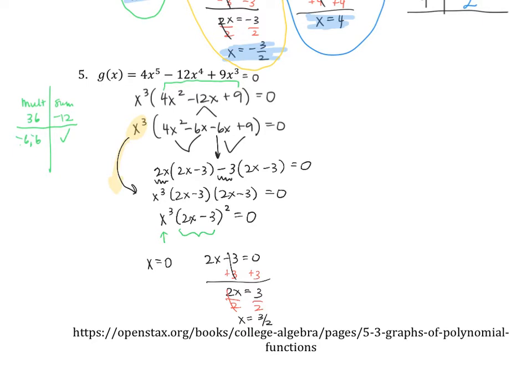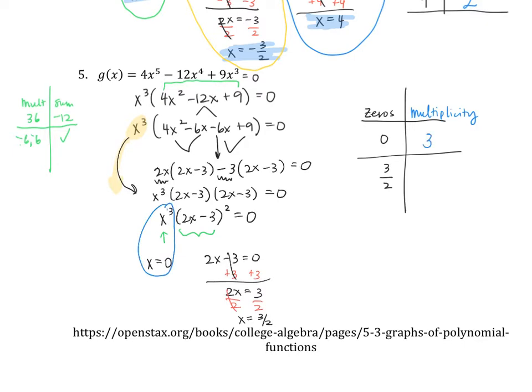Okay, so my zeros are 0 and 3/2. And then the exponents on those are going to be the multiplicities. So the exponent on 0 is a 3, so the multiplicity is 3. The exponent on the 3/2 is 2, so it has a multiplicity of 2.